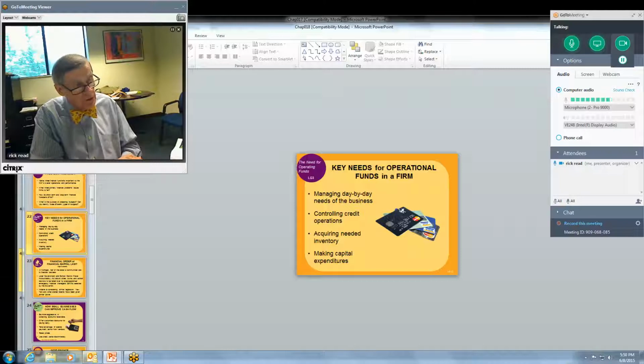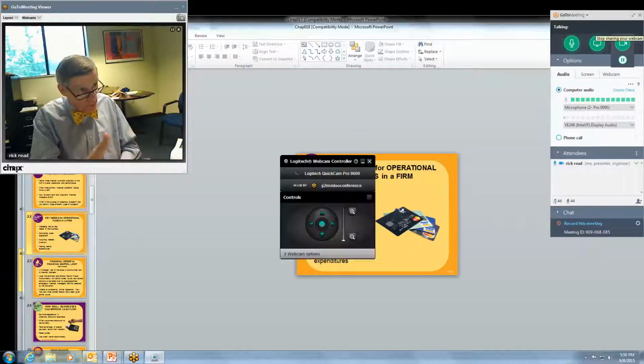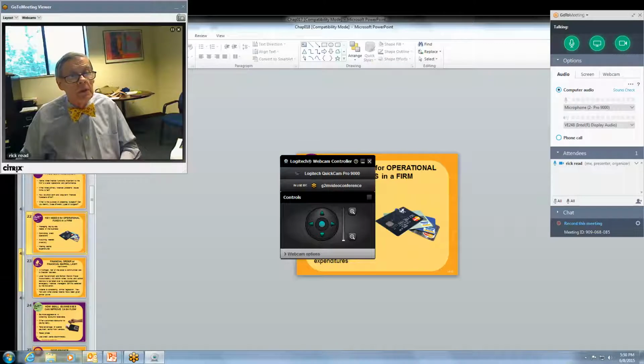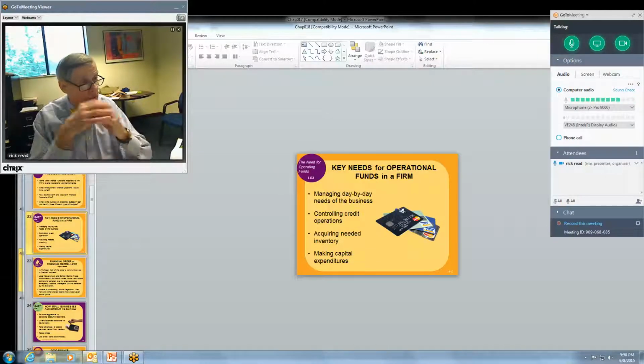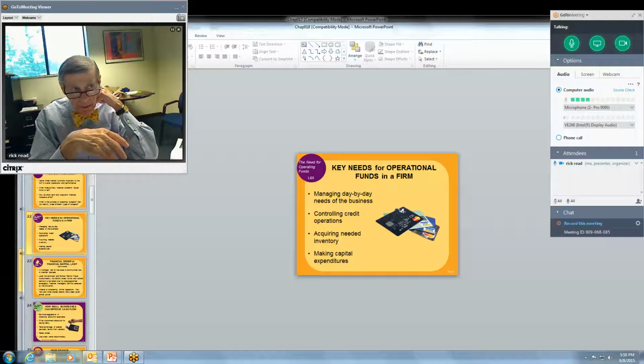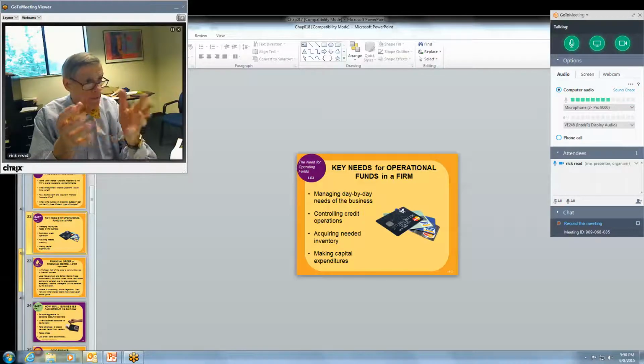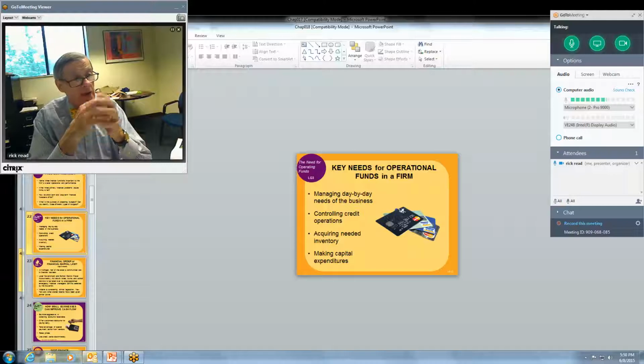We have to make sure that we're not overextending our credit. We have to be able to get the inventory we need to be able to produce whatever it is that we do produce. And finally, we have to make the necessary expenditures to keep the company running. So it can be any number of things, those expenditures, we have to pay attention to those.